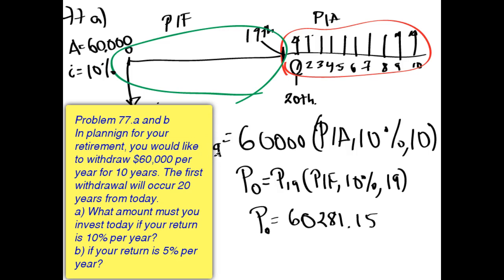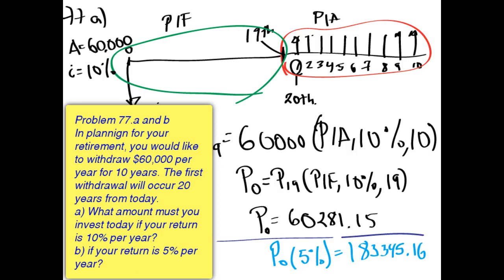But what we really need to know is the amount of investment at t equals 0, so the present value at t equals 19, we still need to bring back to t equals 0. So that would be the previous result multiplied times P given F, 10% and 19, and the final answer when the interest rate is 10% is $60,281.15.